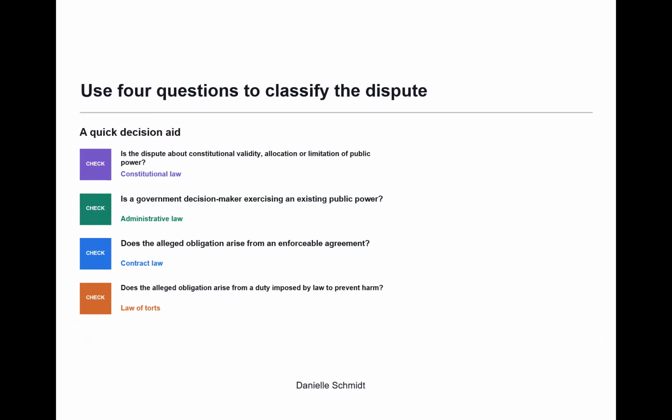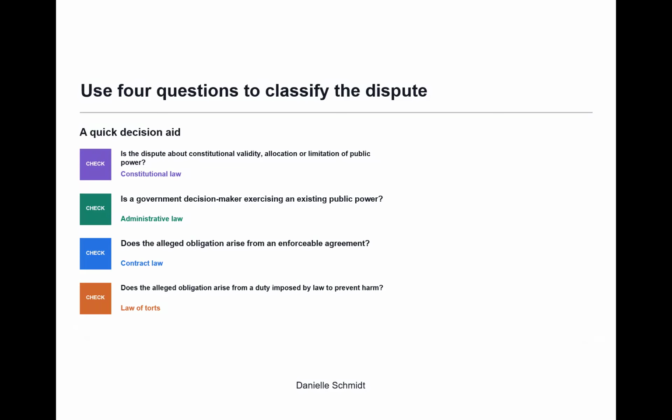And there may be some extra questions that you need to ask yourself in order to classify the dispute, and I've added these. So a quick decision aid, we need to check, is the dispute about constitutional validity, allocation, or limitation of public power? If it is, it might be constitutional law. Check, is a government decision maker exercising an existing public power? If they are, check, might be administrative law. Check, does the alleged obligation arise from an enforceable agreement?